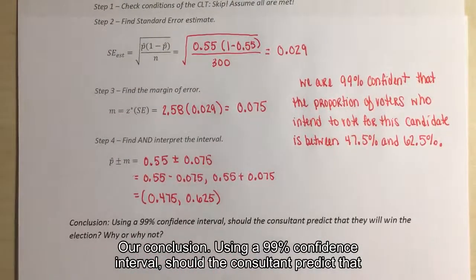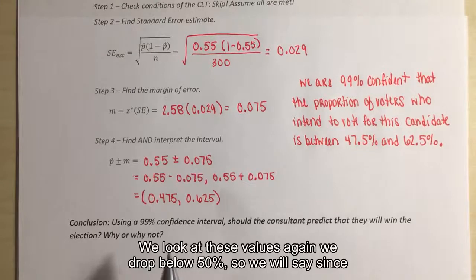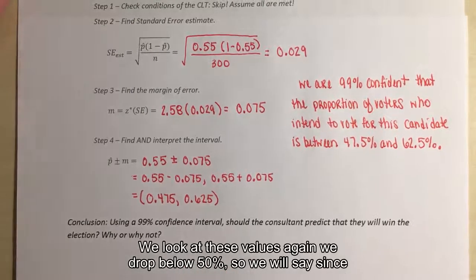All right, our conclusion, right? Using a 99% confidence interval, should the consultant predict that they will win the election? Why or why not? We look at these values. Again, we drop below 50%.